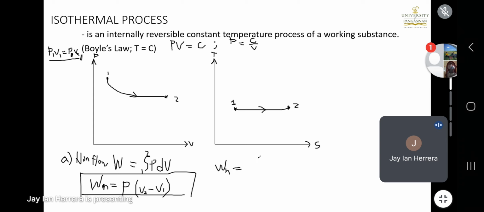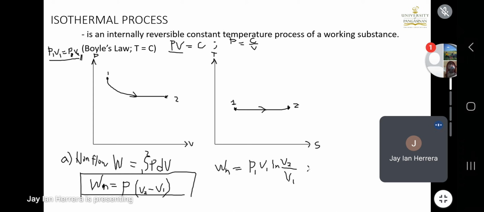May bagong general formula ito, P1 V1 kasi nga constant yung PV natin, ln of V2 over V1. Ito ang memorize mo.